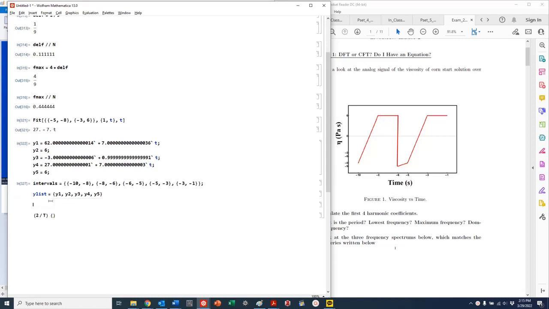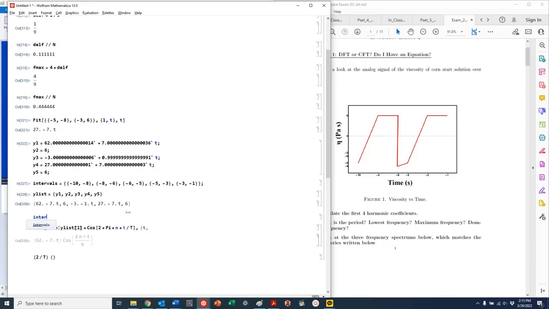Because we're going to do basically Y list 1, and we're going to do times cosine of 2 times pi times n times t divided by my period here, and we want to integrate this over t.